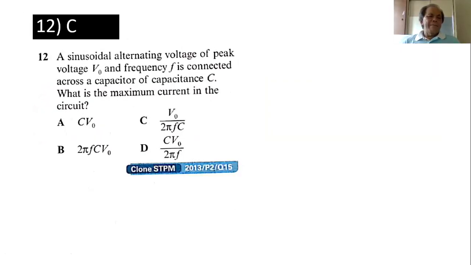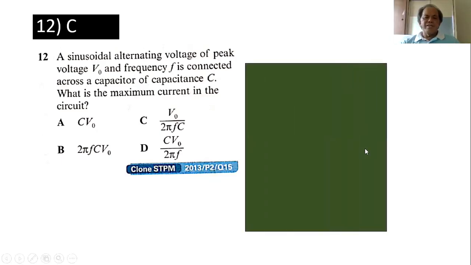Okay. Number 12. Sinusoidal alternating voltage of peak voltage V naught, frequency F is connected across a capacitor of capacitance C. What is the maximum current in the circuit? Okay, what's the answer? C. Answer is C. Okay, let's see how to do it, whether you're right or wrong.